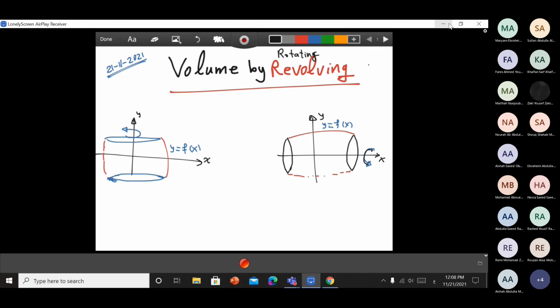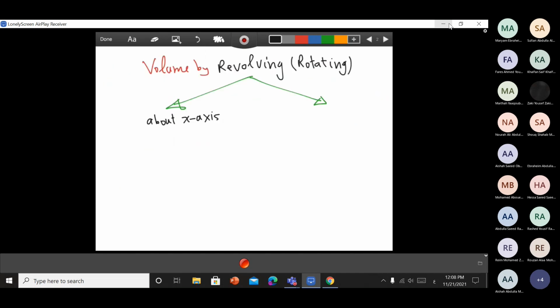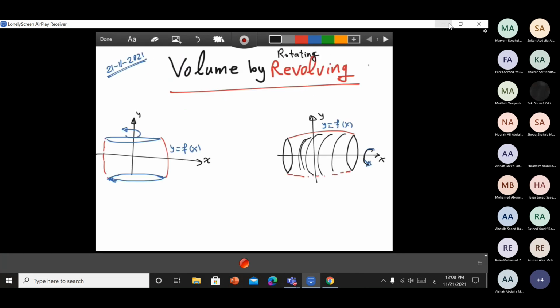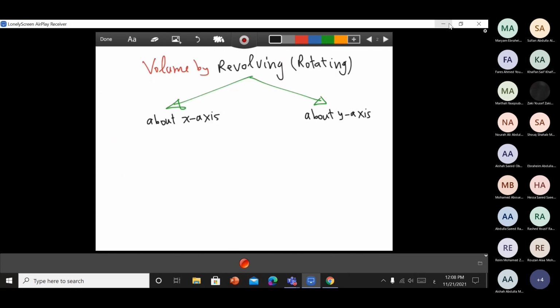So you will have this shape, okay? Or about y-axis, when you revolve this red one, you will have this shape, right? So this is the two type of revolving.